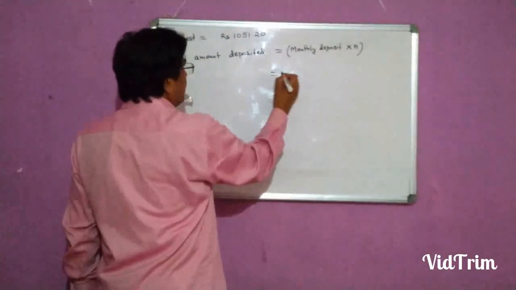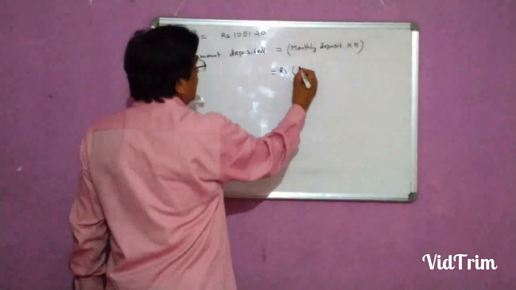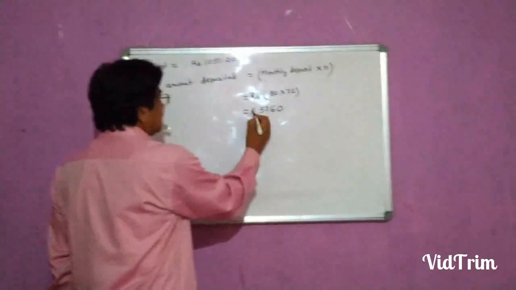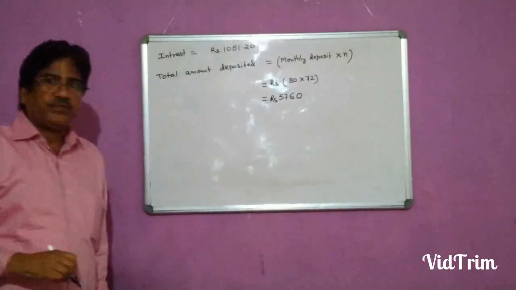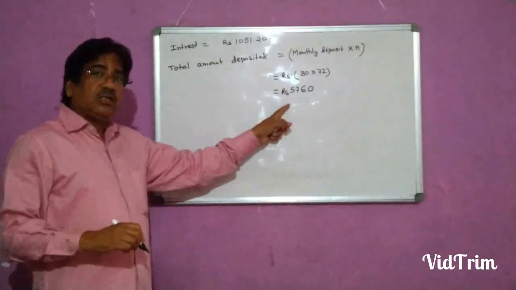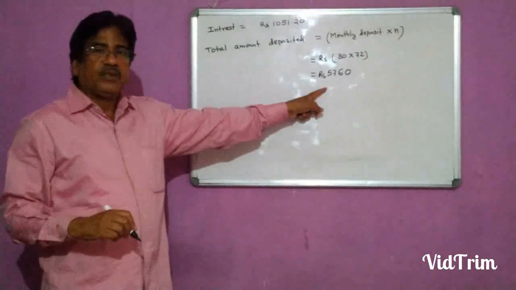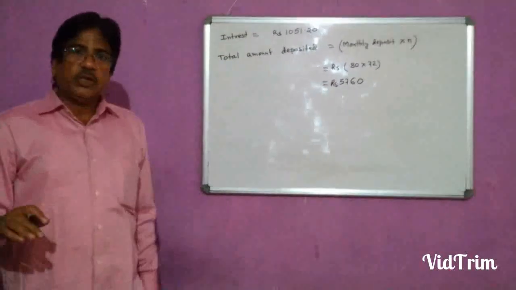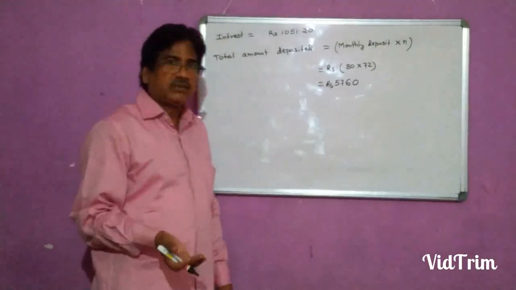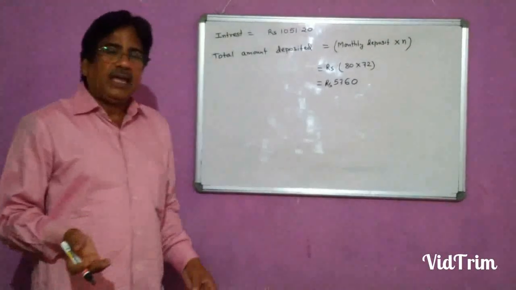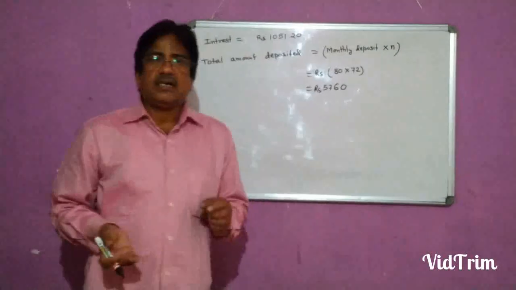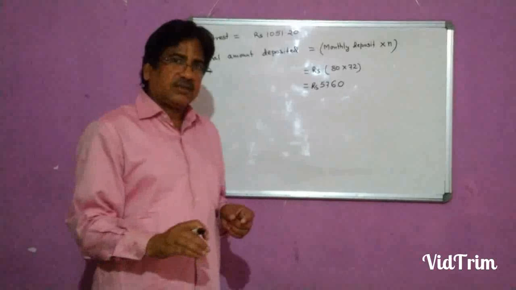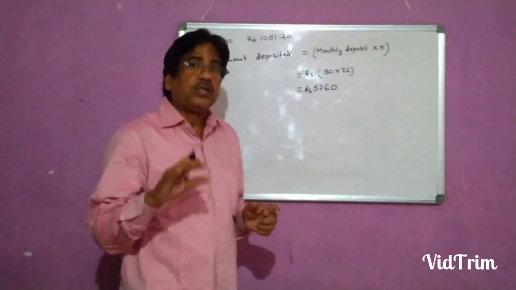So the value becomes 80 into 72, rupees 5760. This is the total amount which the depositor has deposited within those 72 months. After the end of the 72 months, the bank will pay the total amount deposited by the depositor along with the interest. That will be called your maturity amount.